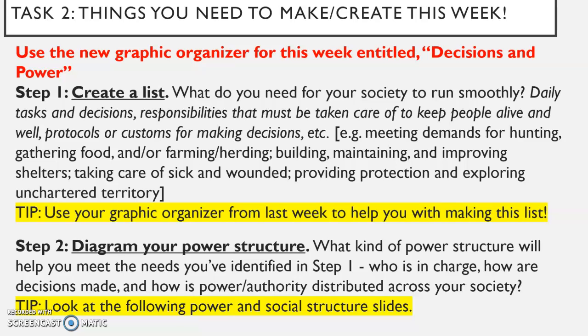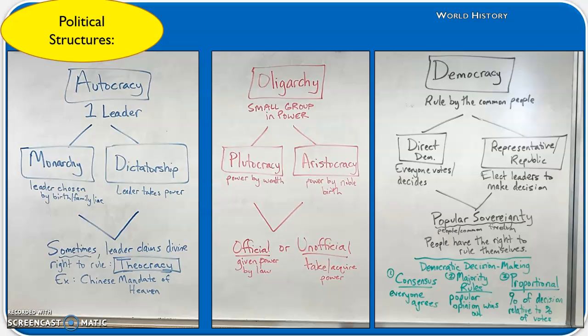Then you're going to look at the power structure itself. What kind of power structure will help you meet the needs you identified in step 1? So who is in charge? How are decisions made? And how is power and authority distributed across your society? So you can think about the different power structures we've looked at, and I have some examples of social structures on these following slides.